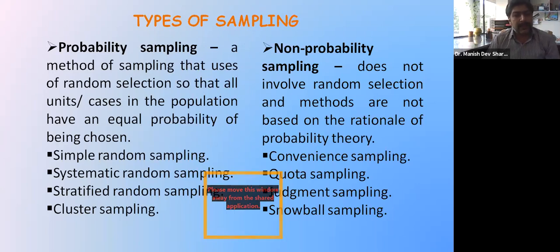We have simple random sampling, systematic random sampling, stratified random sampling, and finally cluster sampling. In comparison, non-probability sampling does not involve random selection, and methods are not based on the rationale of probability theory. Here we have convenience sampling, quota sampling, judgment sampling, and snowball sampling.